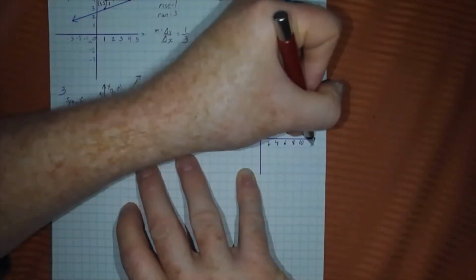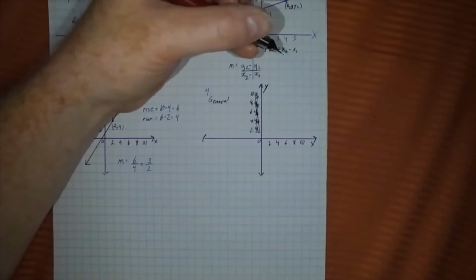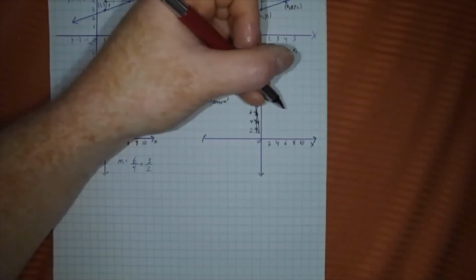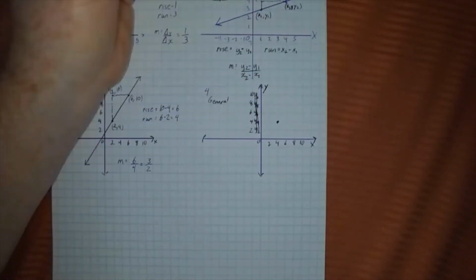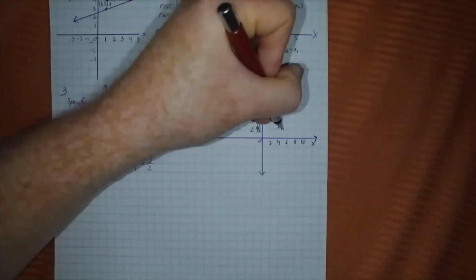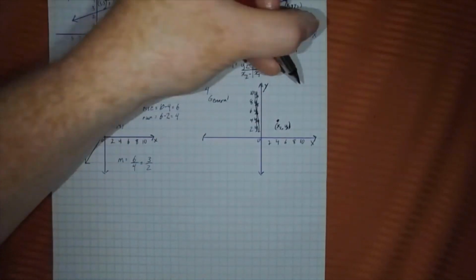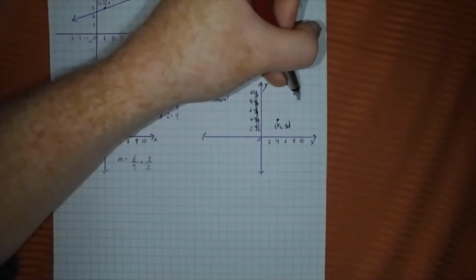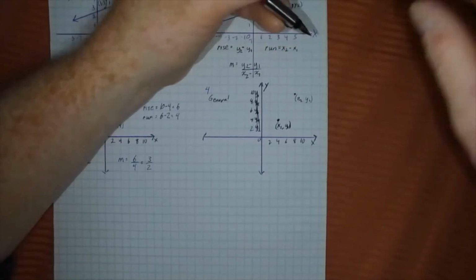That's a y, that's an x. So, let's say I don't specify the points. I don't even need the numbers here. Let's say I start here at x1, y1. And I go all the way up here to x2, y2. So I have my straight line.